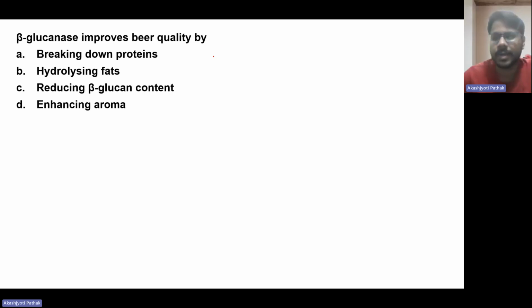So try to answer this question. We can also directly answer by reading the options. Beta glucanase will obviously act on beta glucan.